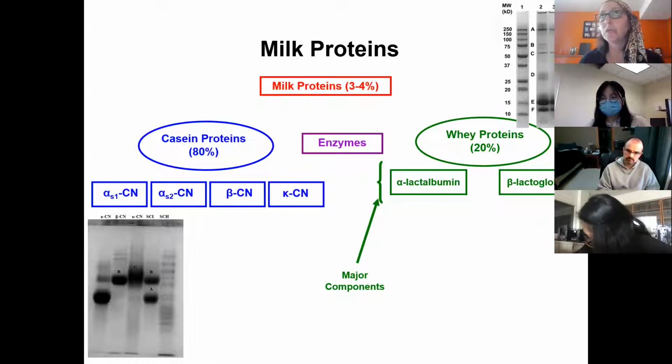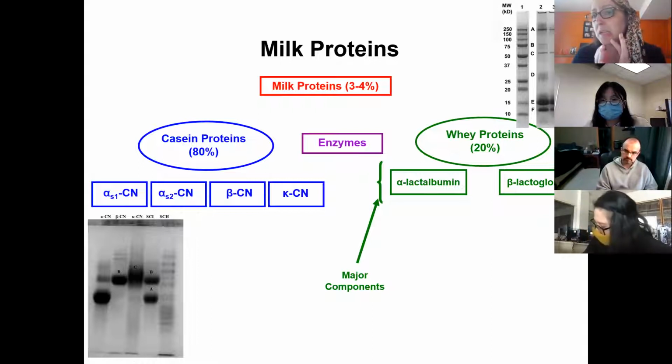For example, if we get whey protein isolate from Agripur, it is isolated by ion exchange. It has more beta-lactoglobulin and alpha-lactalbumin. But in milk per se, you have probably 60, 70% to 20, 30% beta-lactoglobulin to alpha-lactalbumin.